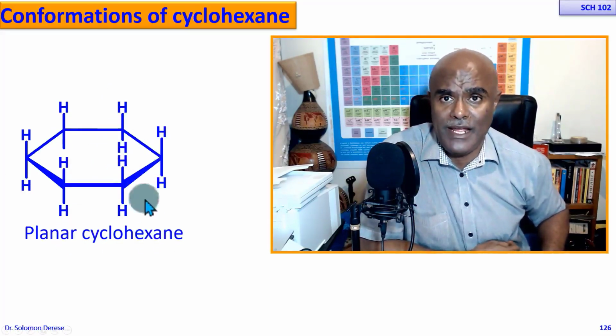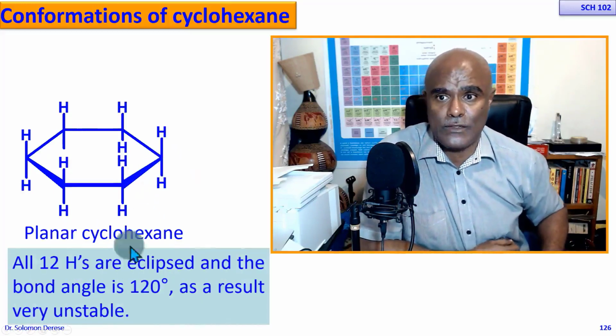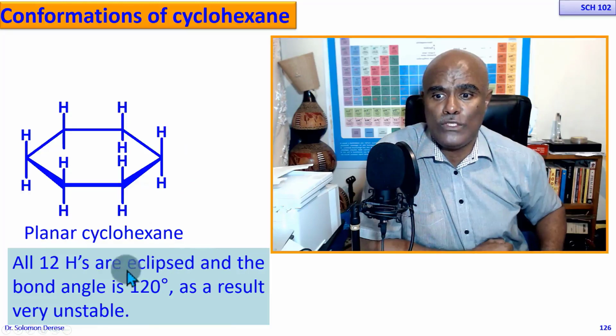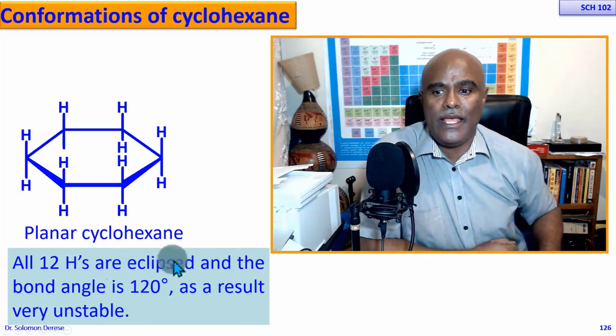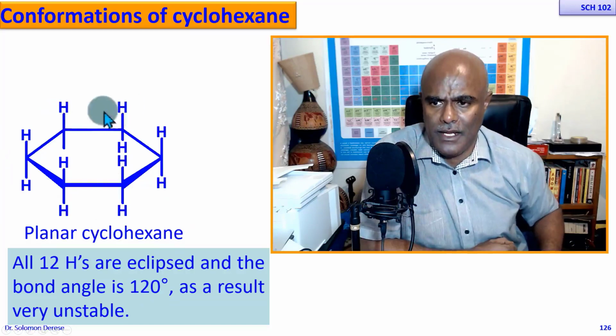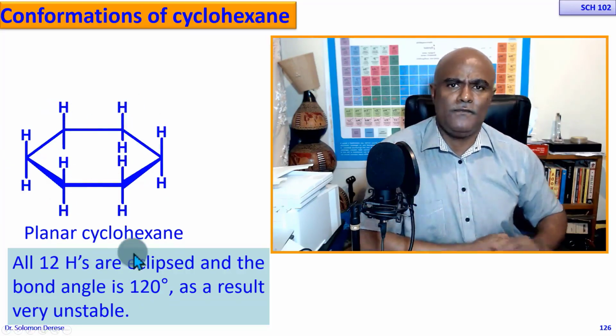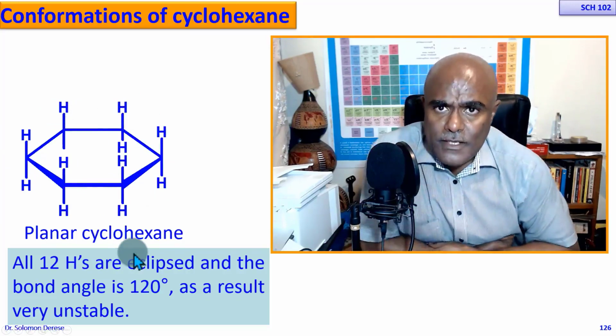So the planar cyclohexane is unstable as a result of the fact that all the 12 hydrogens are eclipsed and the bond angle is 120 degrees. As a result, this planar conformer of cyclohexane is very, very unstable.